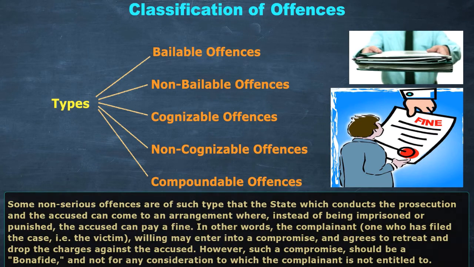But you need to pay attention here. Such a compromise should be bona fide and not for any consideration to which the complainant is not entitled. So it has to be under the law itself. It's not something beyond the purview of law.